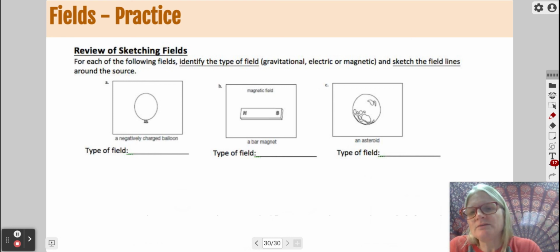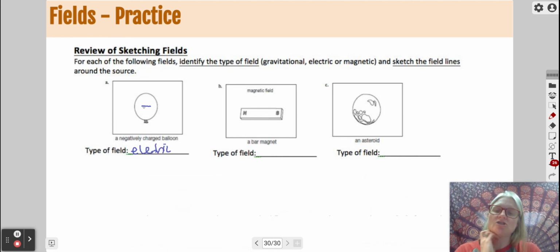If you have a negatively charged balloon, what kind of field is this? Is this gravitational, electric, or magnetic? If you said electric, you would be right. Charged particles are causing this field to be created.